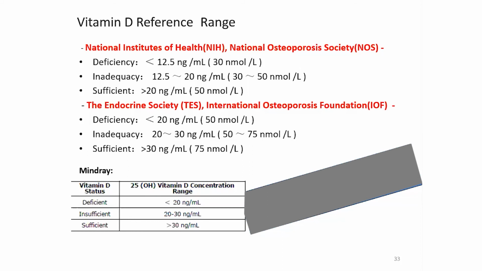They have given that whenever vitamin D goes below 20 nanograms per ml, it shows deficiency of vitamin D. Between 20 and 30 nanograms per ml, it shows inadequacy of vitamin D. More than 30 nanograms per ml shows sufficient amounts of vitamin D in the body of that person. So Mindray has given the same values as the Endocrine Society and International Osteoporosis Foundation.